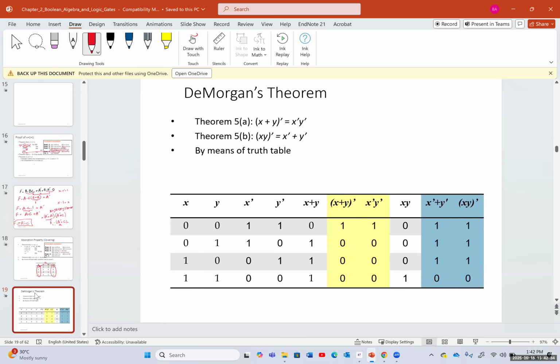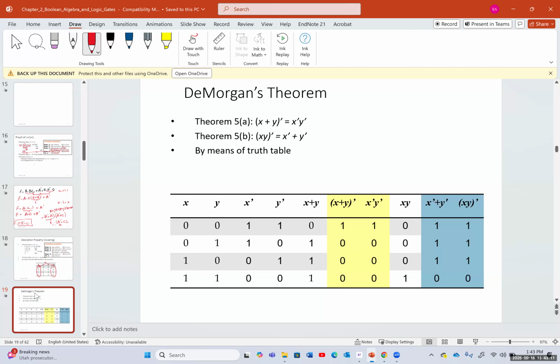What does De Morgan's theorem say? It says (x plus y) prime is equal to x prime y prime, or (xy) prime is equal to x prime plus y prime. By means of the truth table, we can actually prove this. If you want to find the prime of an equation, just replace all the ands with ors, or all the ors with ands, and zeros with ones.